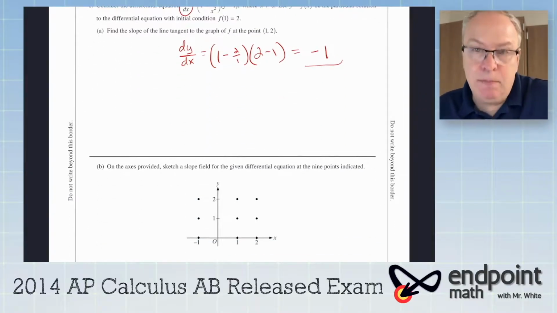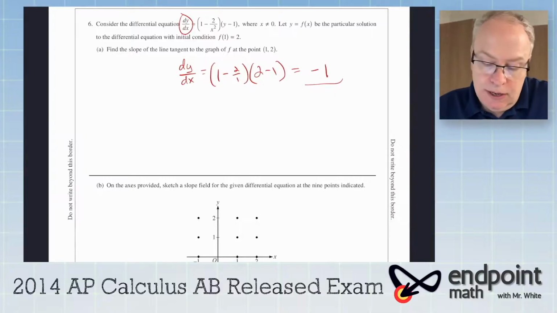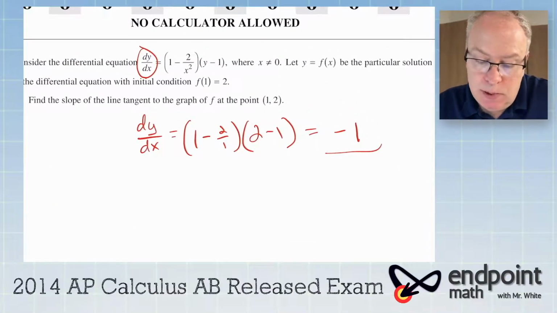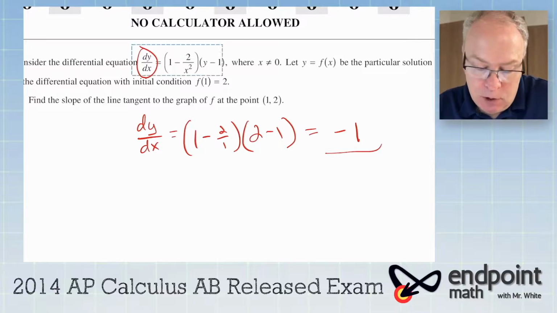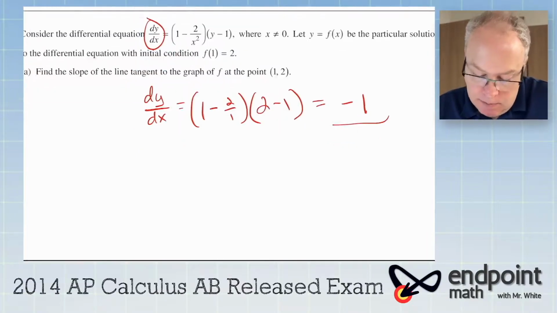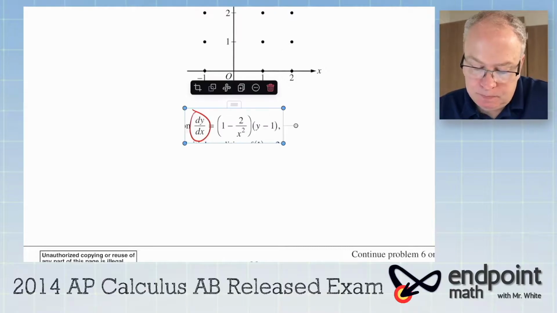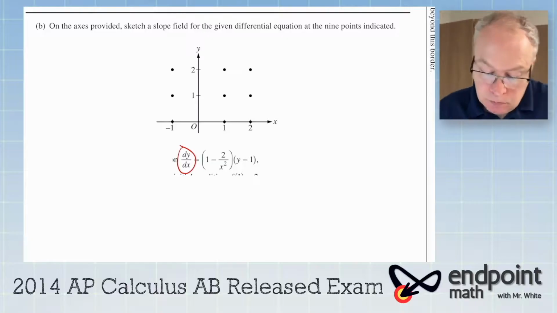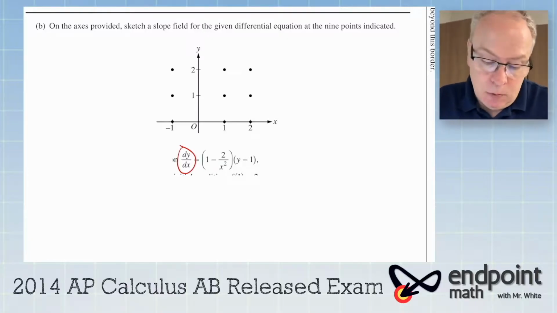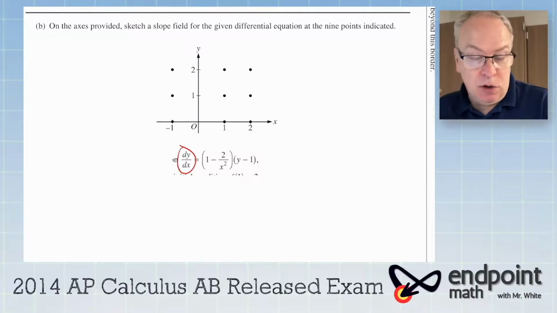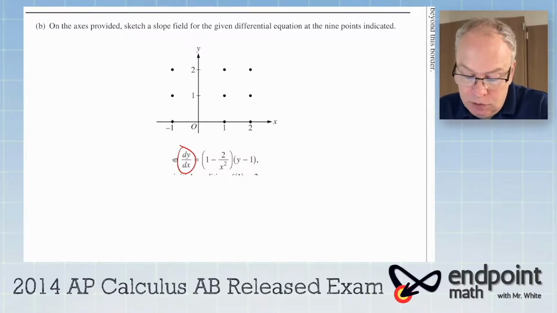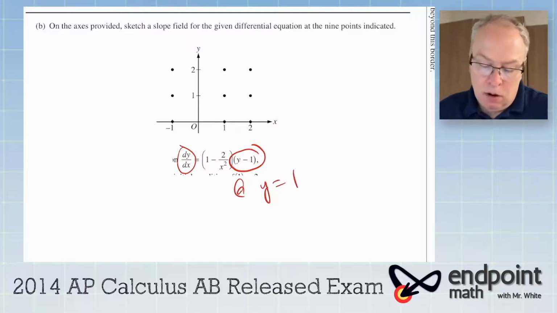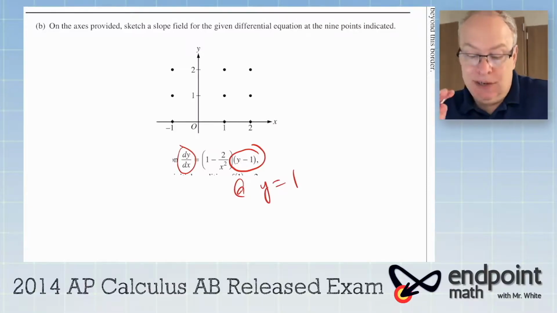All right, on the axes provided, do the slope field. So I'm going to copy this here so that I can bring it down here and talk to you about it. All right, so here's my function, or at least my derivative. So we're going to do all these things. Do you notice some things that I start to look for is that I see that at y equals 1, all the slopes are 0.